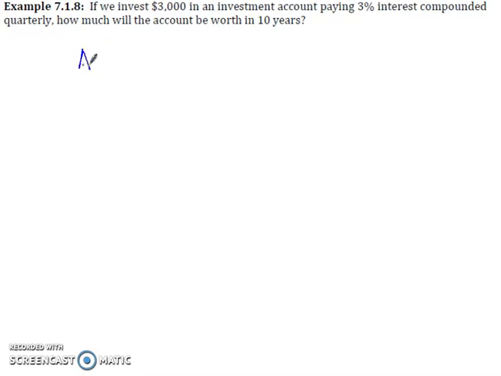I've got an account balance after time t, and here we're looking at a time of 10 years. That's going to be equal to my principal, which is 3,000, multiplied by 1 plus my rate, which is 0.03, divided by the number of times that we're compounding. Here we're compounding quarterly, which means they're going to break up that 3% into 4 payments.